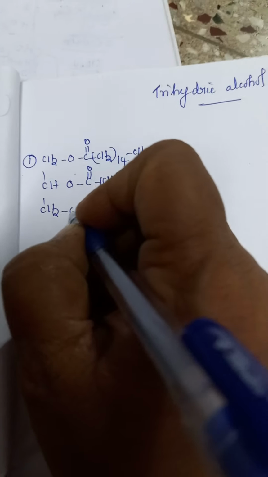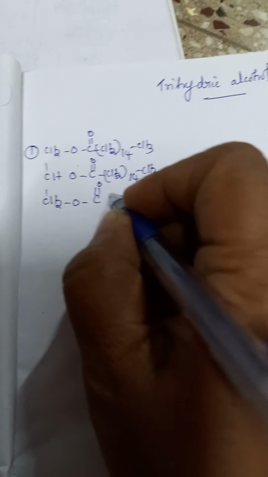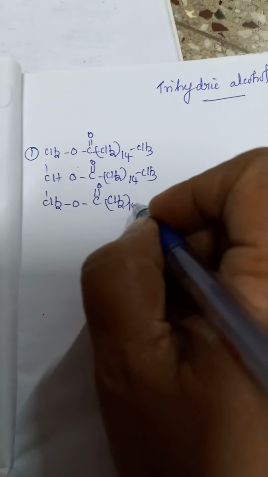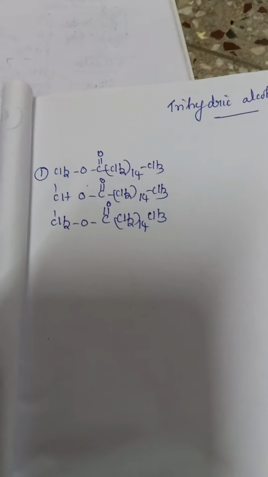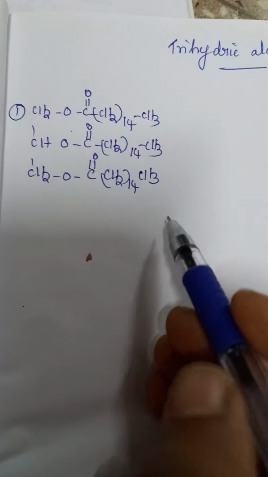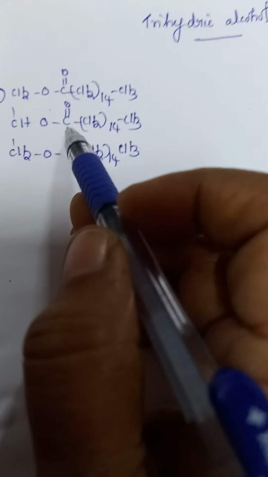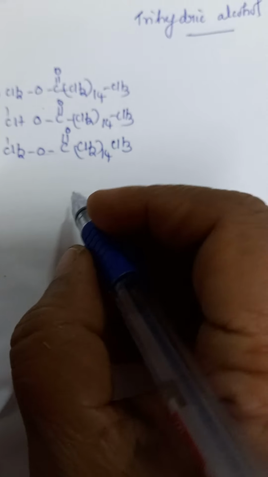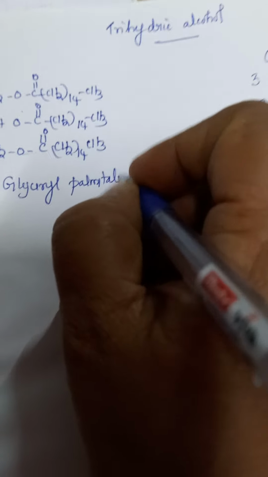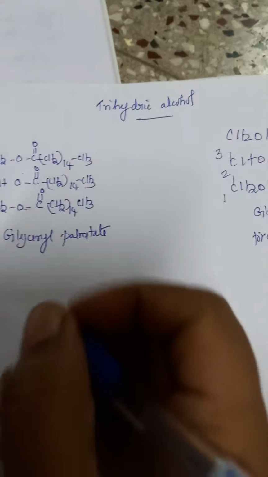CH2O-CO-(CH2)14-CH3, similarly CH2O, C double bond O, (CH2)14-CH3, and CH2O-CO-(CH2)14-CH3. Similarly CH, a COOR ester compound. This compound is called glyceryl palmitate, a triglyceride.